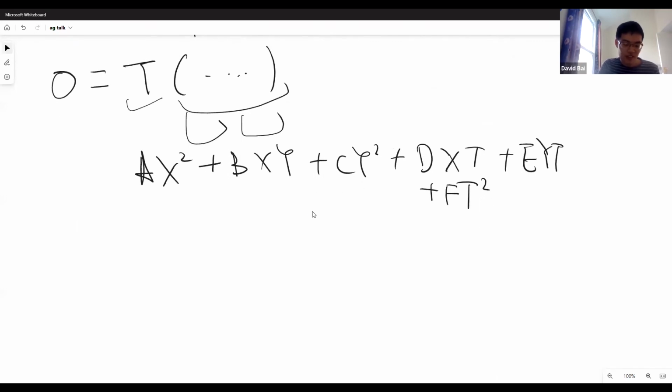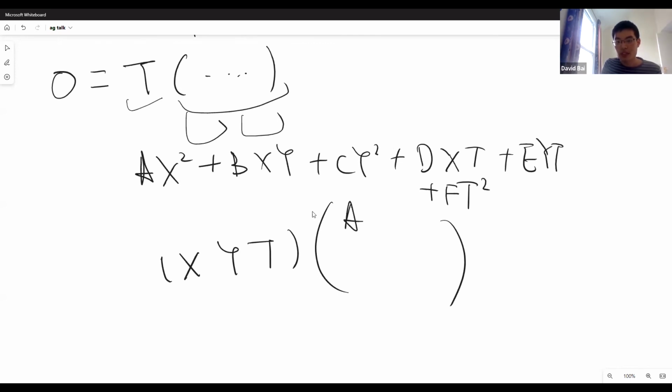It's certainly covered in linear algebra, but this is reducible if and only if it has zero discriminant. Because you can write this as (x, y, t) times this matrix, which should be something like a, b over 2.